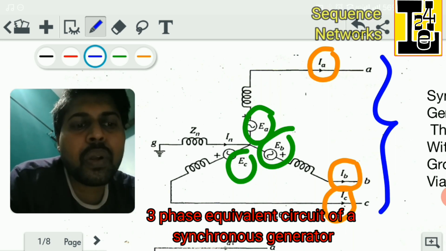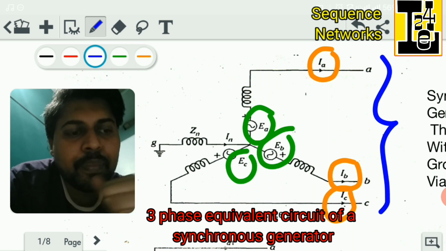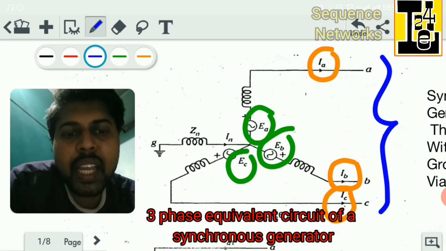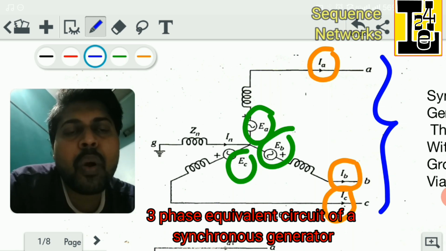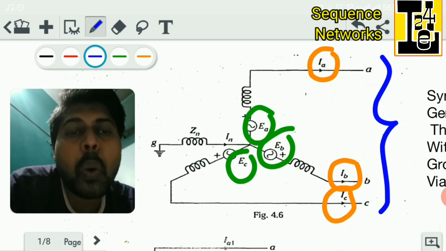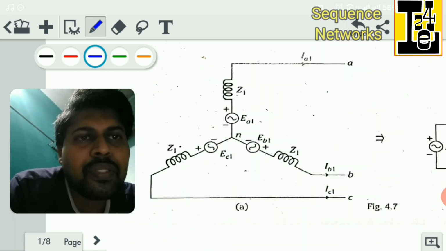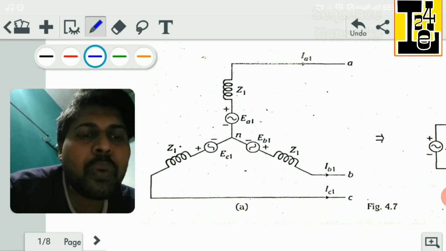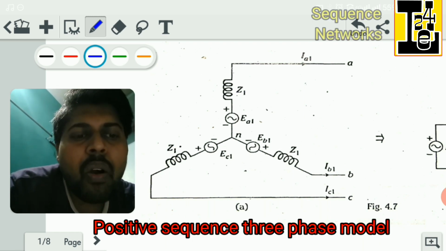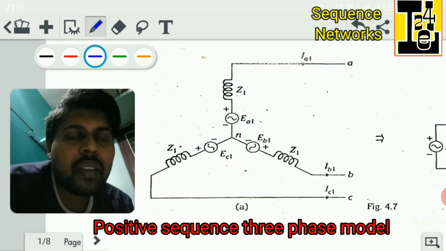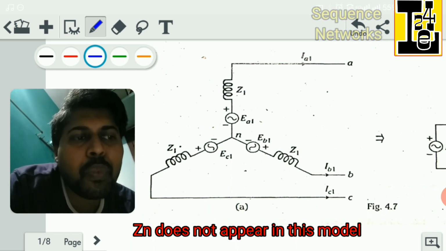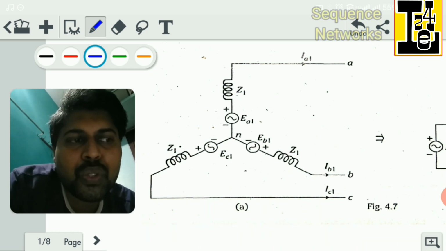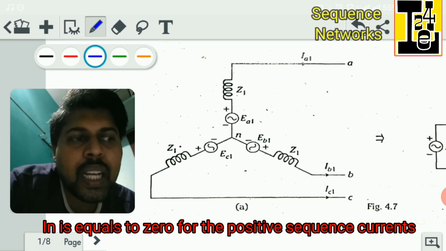Since a synchronous machine is designed with symmetrical windings, it induces EMFs of positive sequence voltages only. Here, this figure shows the positive sequence model of the synchronous machine, where Zn does not appear in this model, as In is equal to 0 for the positive sequence currents.